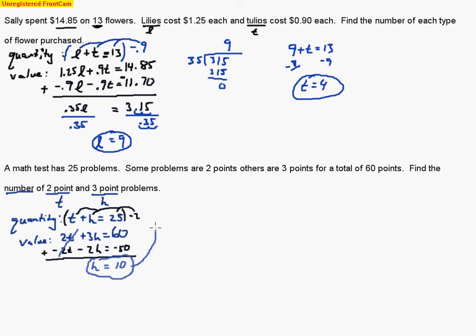Take that h and put it back into probably the quantity equation. So let's rewrite what we've got. It would be t plus h, but in place of h we're going to put 10, equals 25. So you just have to subtract that 10 from both sides, and we've got our answer. So t, the number of 2-point problems, would be 15. So 15 2-point problems, 10 3-point problems.